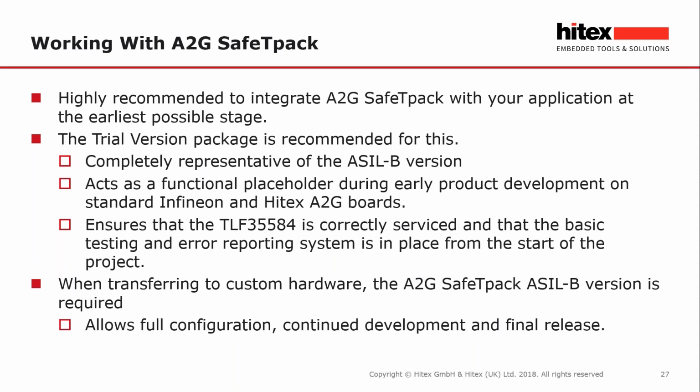Get started with the trial version, and then when your own custom hardware arrives, you need to purchase the proper AURIX 2G safety pack ASIL-B version, and this will take you through to a full configuration and ultimately to a final product release.